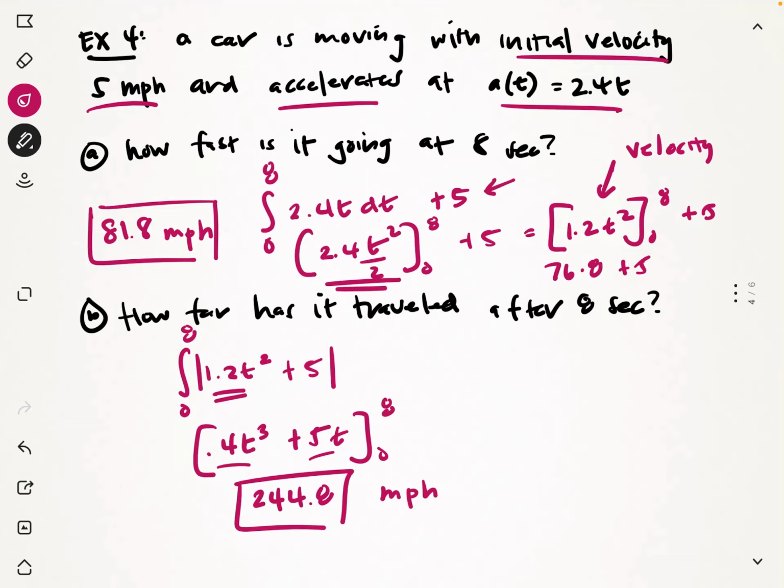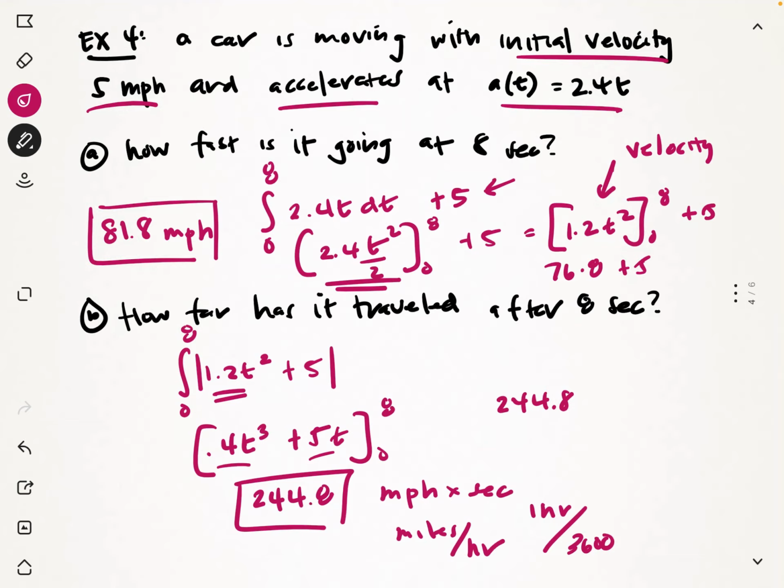And it's weird because the units are miles per hour times seconds. So really, we could do this: 244.8, and because it's miles per hour, we can convert the seconds to 1 hour over 3,600 seconds.